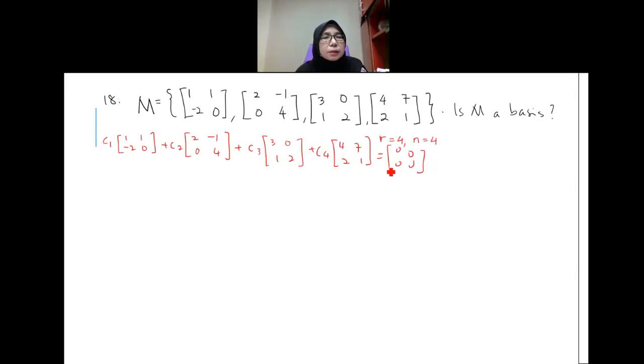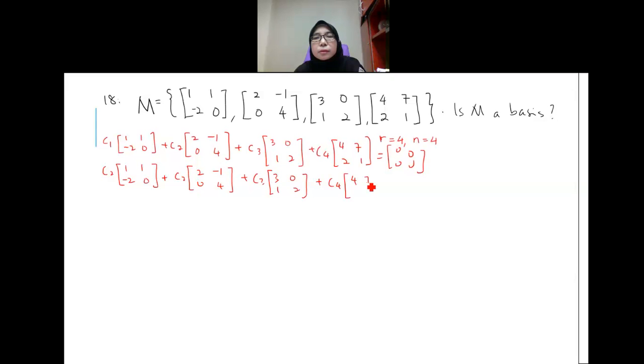Okay, done. So next, for linear combination of spanning, okay, spanning you should get arbitrary A, B, C, D, arbitrary matrix in M2 by 2.